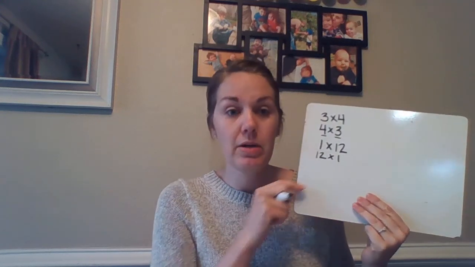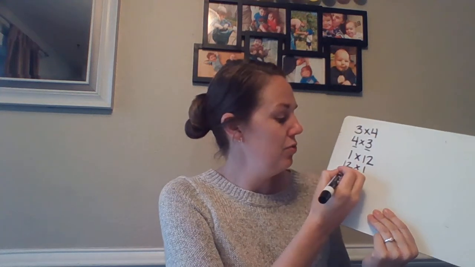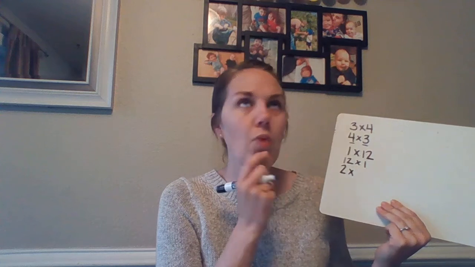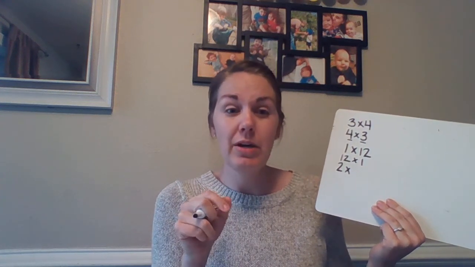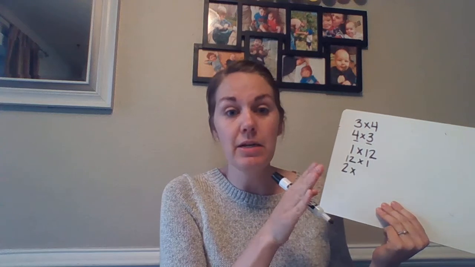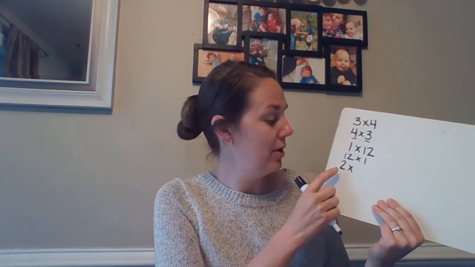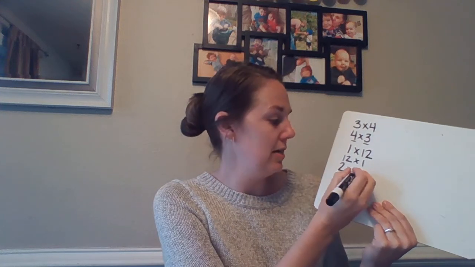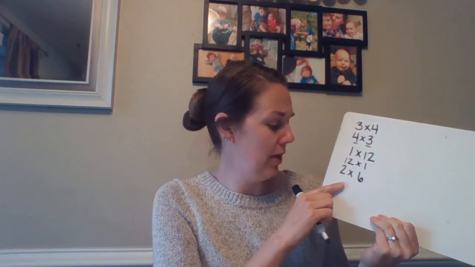Let's keep going. I started with 1, so now I'm going to count on to 2. So I have 2 times what would equal 12? Well, I know my doubles facts, and so I know that 6 plus 6 is 12. Therefore, 2 times 6, or 6 2 times, would equal 12.